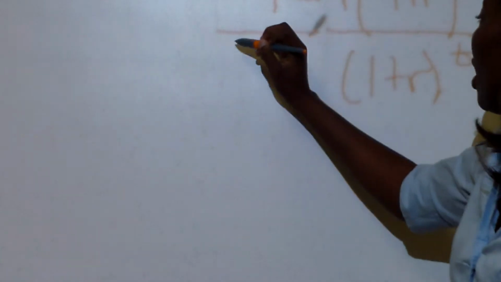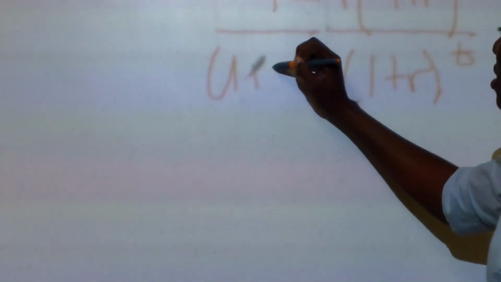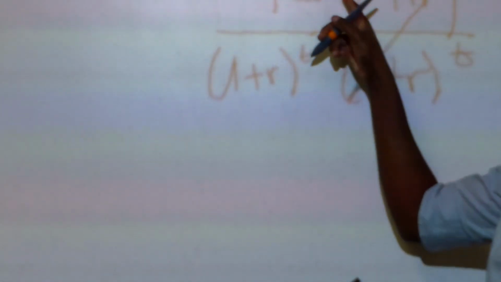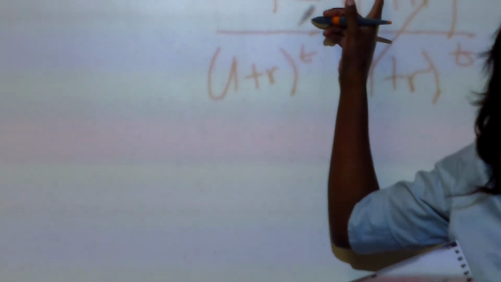Y'all done? We're solving for P, so what should you have done? Divide by 1 plus R to the T power. That's all you should have done. Divided both sides by 1 plus R to the T power. How many of y'all chose to distribute the P into the parentheses first?